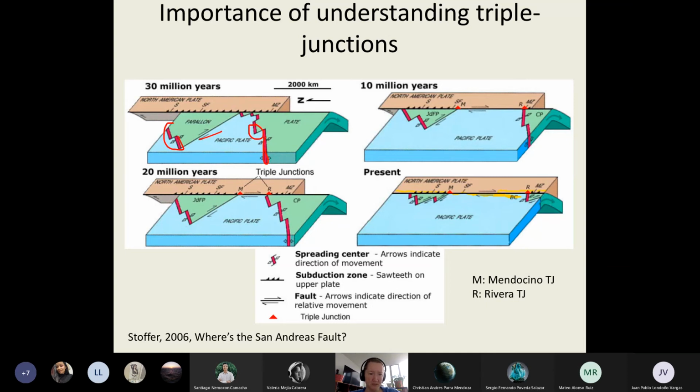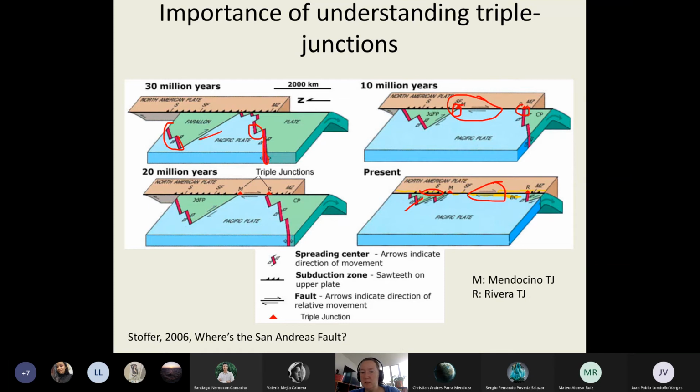As soon as this touches, in order to be self-consistent with all the velocities of the plates, I have to have a transform fault forming here. So what did I do? I created a new triple junction that didn't exist and another new triple junction that didn't exist just by subducting a ridge. Okay. So today, what I have is the San Andreas fault and the subduction zone. What will happen in the future? Probably this will subduct completely.